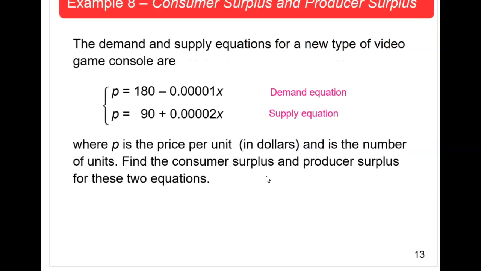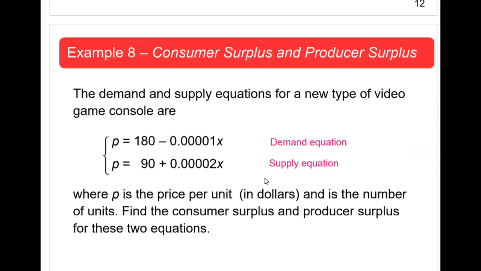So we have example 8, and it is the consumer surplus and producer surplus. So we have our two equations here, and it says the demand and supply equations for a new type of video game console are P equals 180 minus 0.00001x, and that is the demand equation.